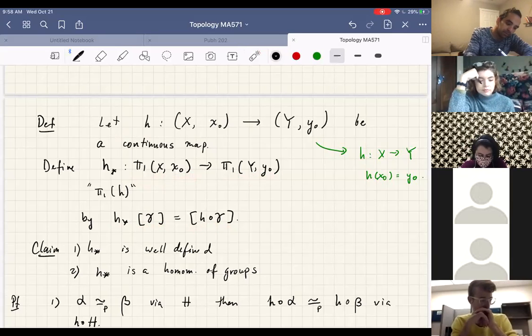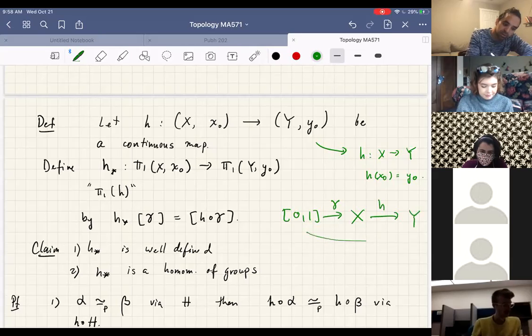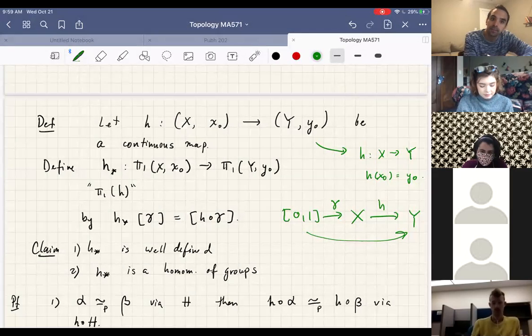Gamma is a map from the interval to X, and H is a map from X to Y. So I can just compose this to obtain a loop in Y. So given any homotopy class of loop, I get, by composition, the homotopy class of a loop in Y.